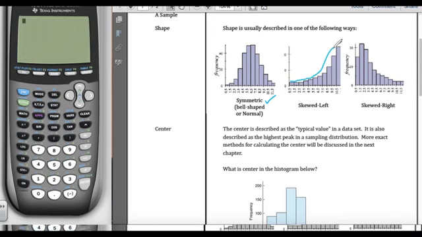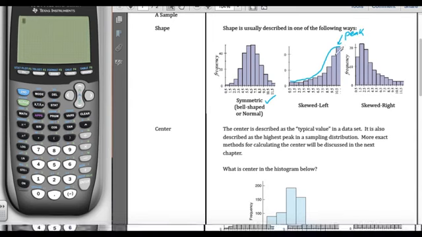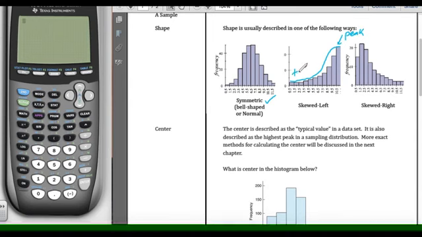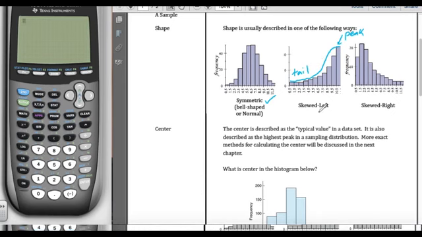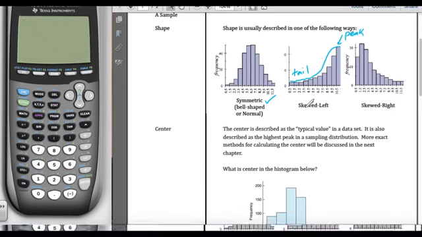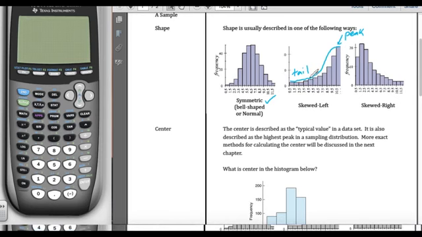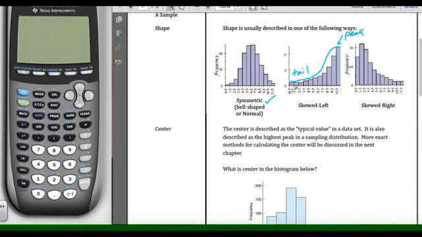My highest peak is over here on the right-hand side. I have a tail on the left. Therefore, this is skewed left. The tail gives you the direction the graph is skewed.